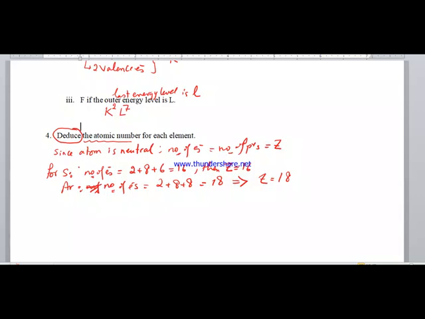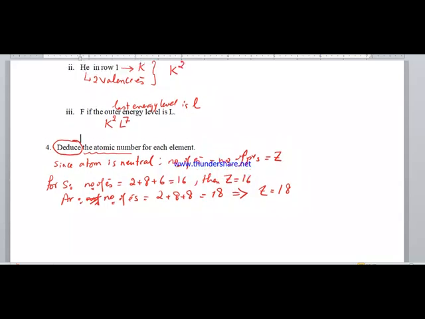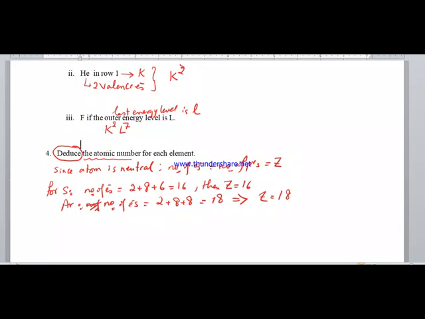Helium has only one energy level, K, which is K2. So for helium, the number of electrons is equal to 2, so its atomic number Z is equal to 2.